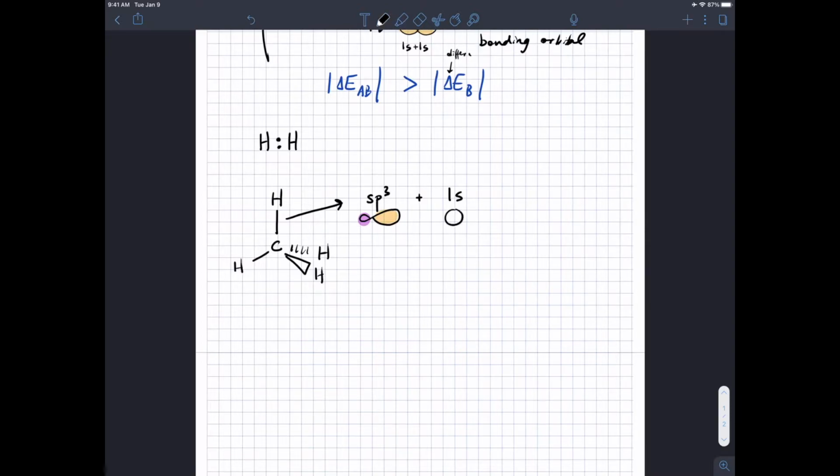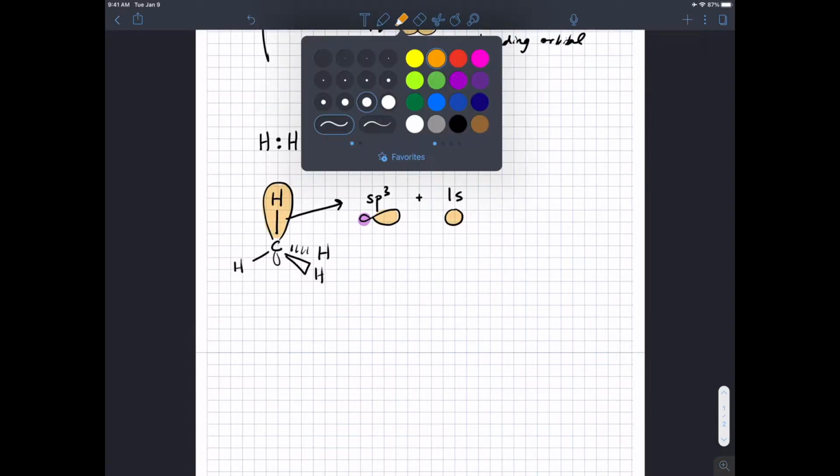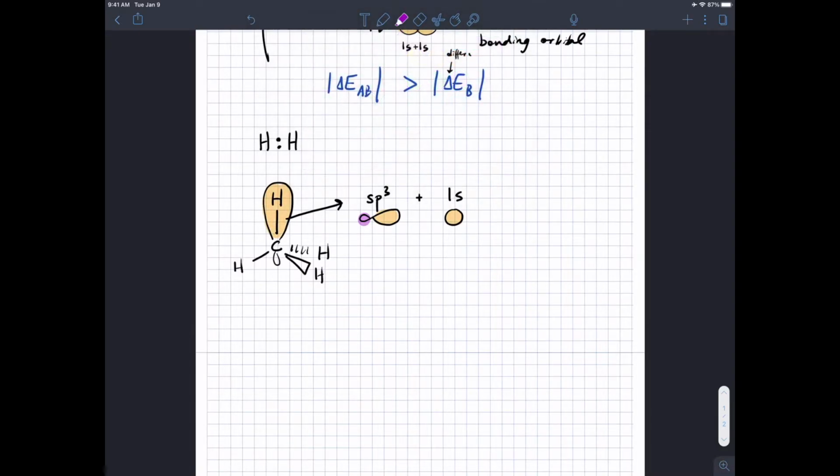A 1s orbital has no nodes, and we would conceptually make the bond by making those two overlap with each other. The orbital we would draw from overlapping those two would start at the carbon, extend and envelop the hydrogen, and hold the two atoms together.